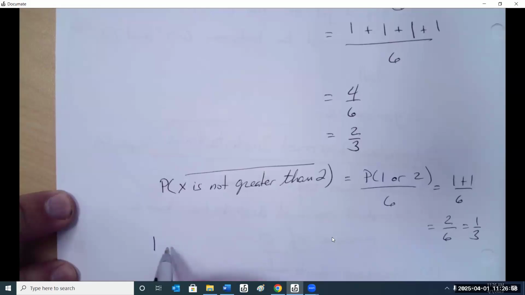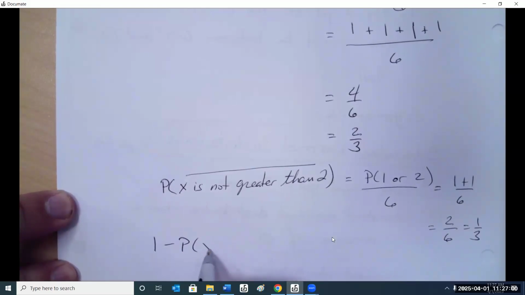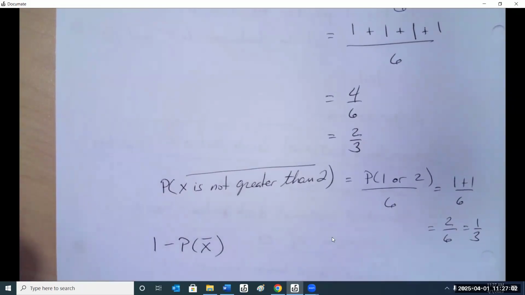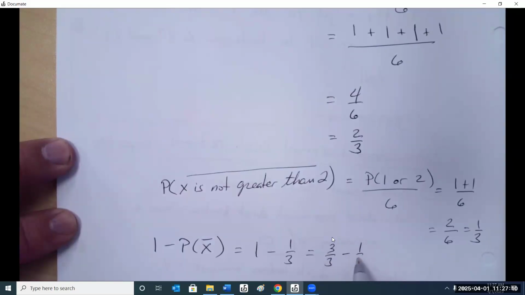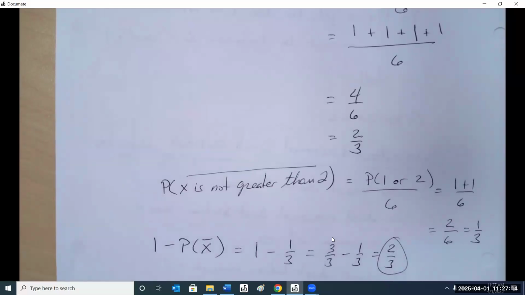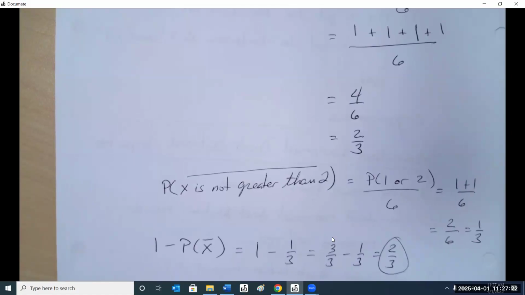So if we take 1 minus what we don't want, 1 minus 1/3 is 3 over 3 minus 1 over 3, which is 2/3. That gives us what we want. You don't always have to go straight to the answer. You can find another way of doing it.